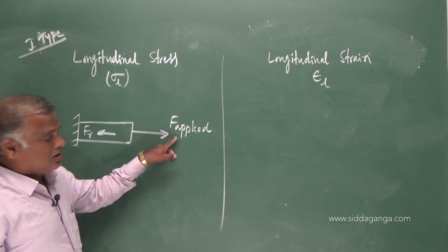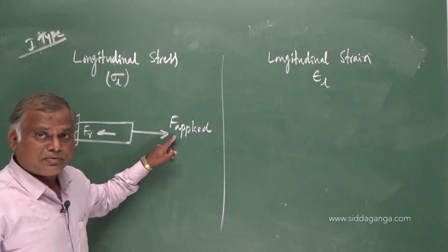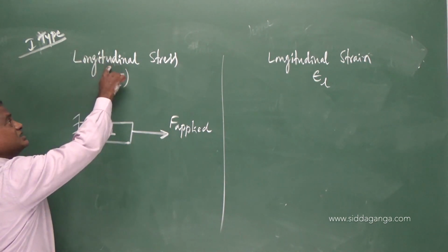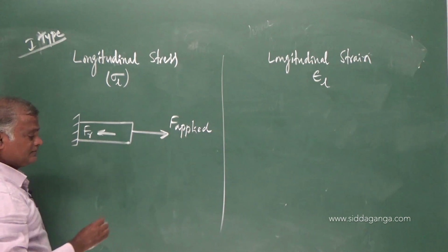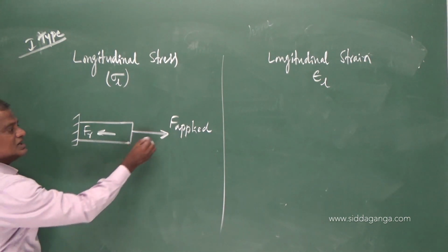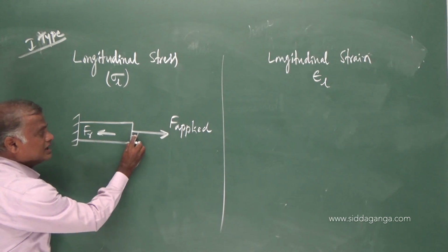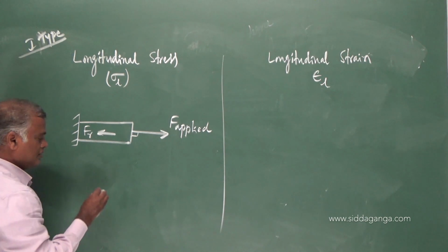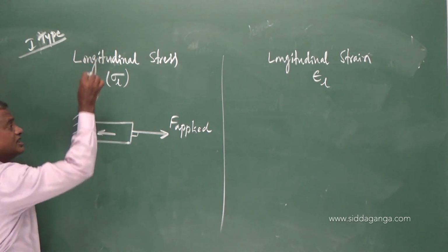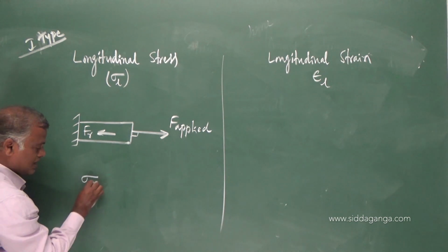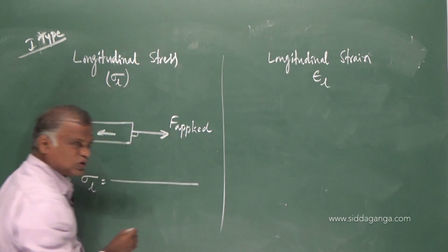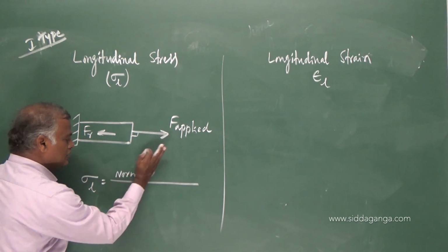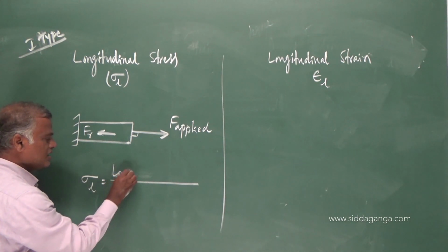So, depending on the type or direction of the force applied, the first type of stress is longitudinal stress. And this force applied here is perpendicular to the surface. Therefore, this longitudinal stress sigma L is also written as longitudinal stress.